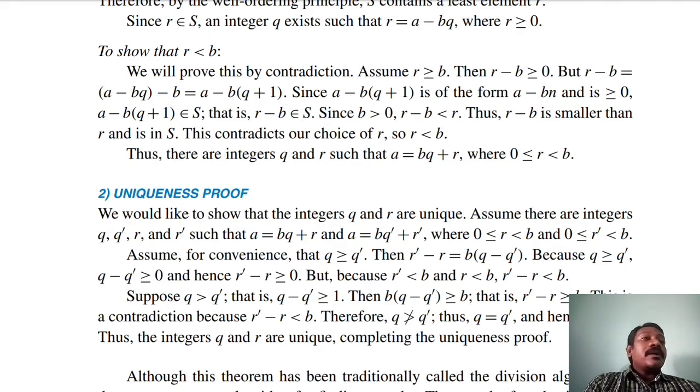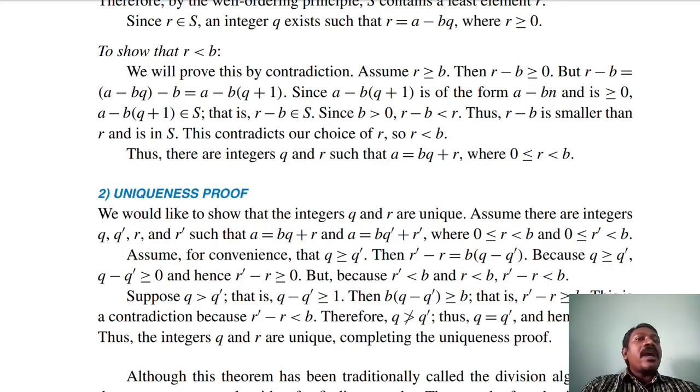But r minus b, substituting the value of r, equals a minus b into q plus 1, which is of the form a minus bn and is greater than or equal to 0. Here we have r minus b in the form of a minus bn, which is greater than or equal to 0, and the other condition is r minus b is less than r.